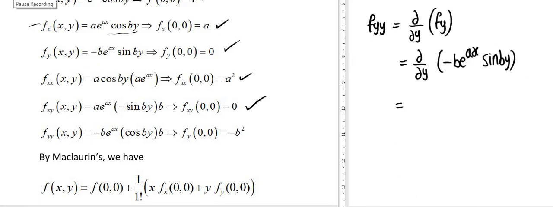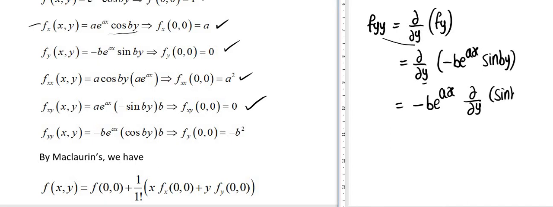Now I am going to find out f_yy, that is dou by dou y of f_y. F_y value is minus b e power ax into sin by. Here we are doing with respect to y, that's why minus b into e power ax is constant, sin by inside.